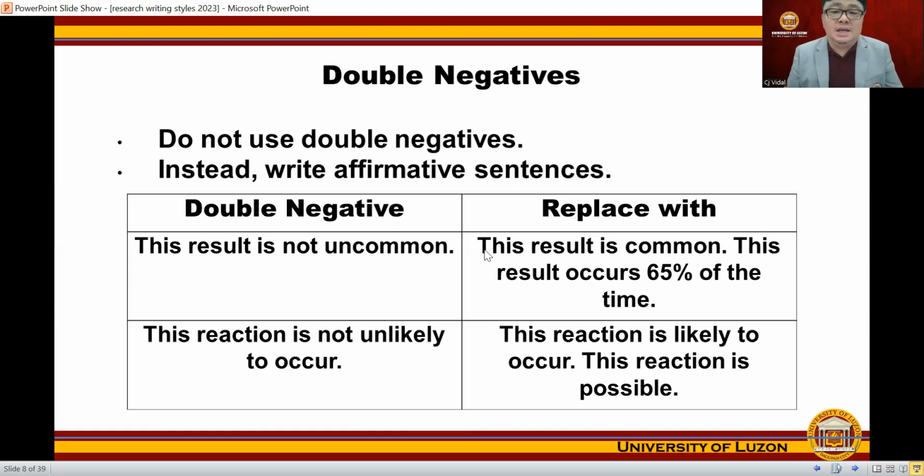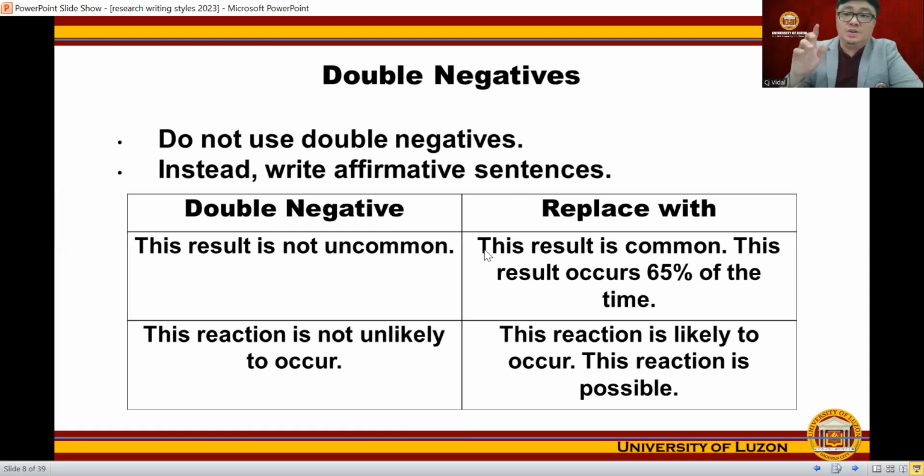In the same way, you have the second sentence, this reaction is not unlikely to occur. Instead, you can replace them with the following. For the first, this result is common, or this result occurs 65% of the time. For the second, this reaction is likely to occur, and this reaction is possible.